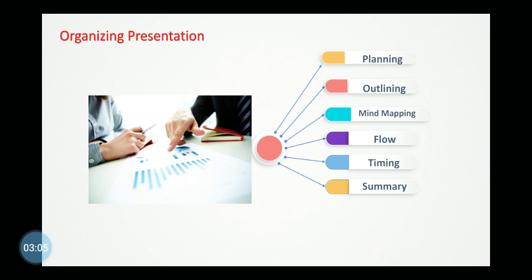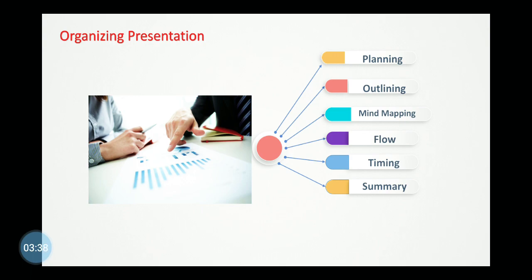In this way, then comes mind mapping. Mind mapping is a very crucial stage in organizing presentation, because when we read the material related to the topic, number of ideas are generated in our mind. The ideas are in scattered manner, but if we note down the ideas on page, and then we can map the ideas, so that it will be helpful for us to make the presentation a good one.